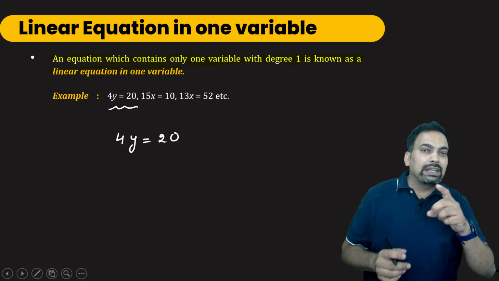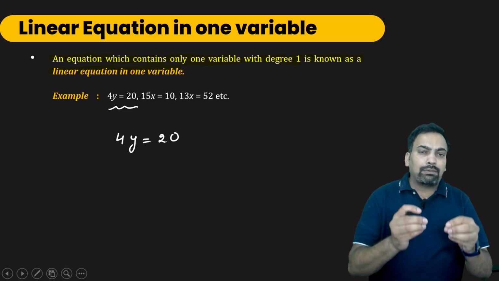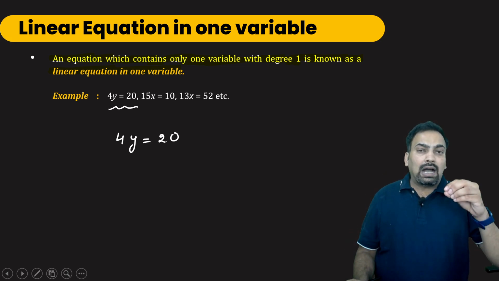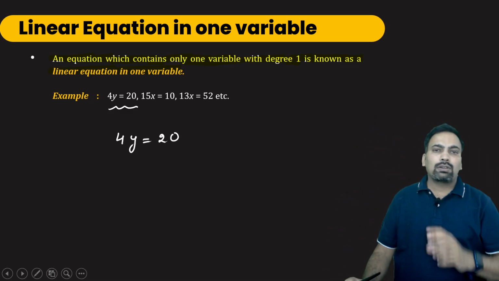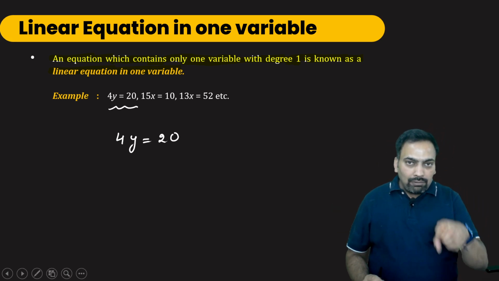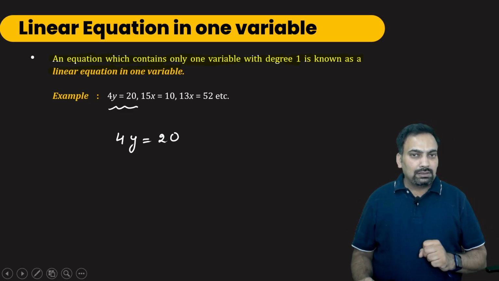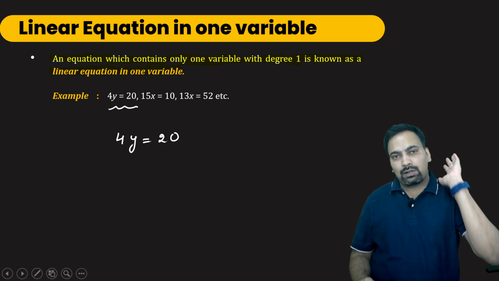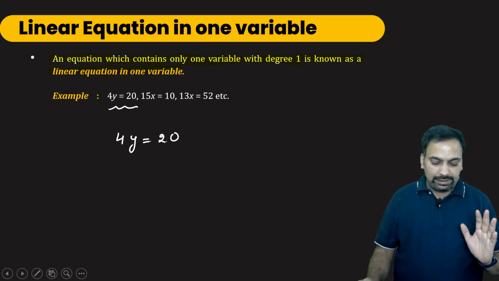Linear equation degree 1 means in each term we have to see the highest power of the variable. The highest power of the variable in the complete equation that you find from each term is called the degree, or you can say the highest power of the algebraic expression is called the degree.